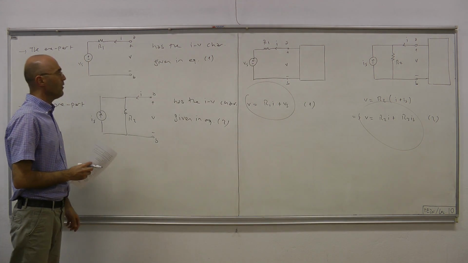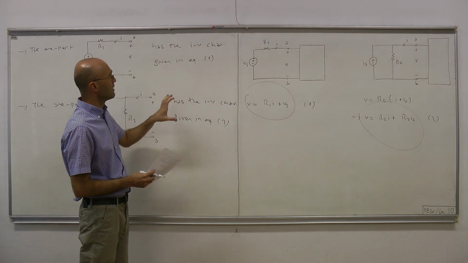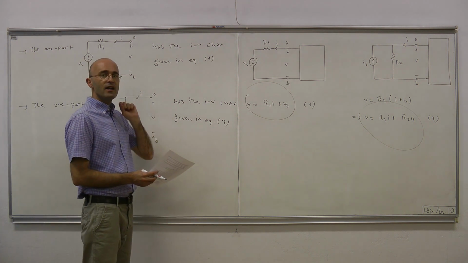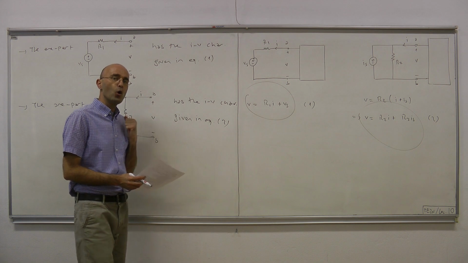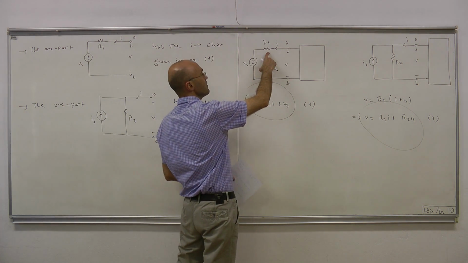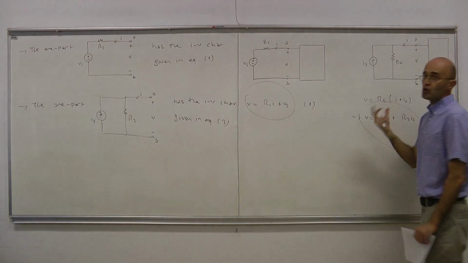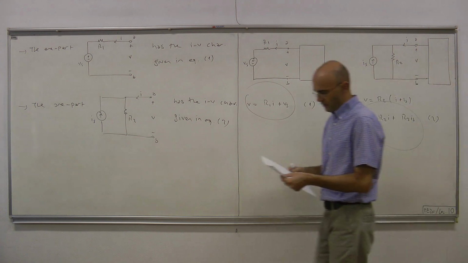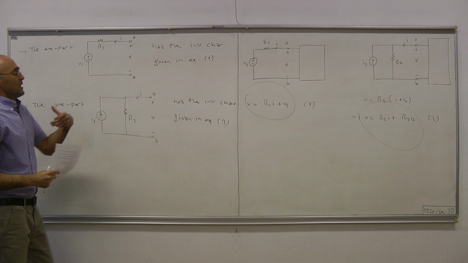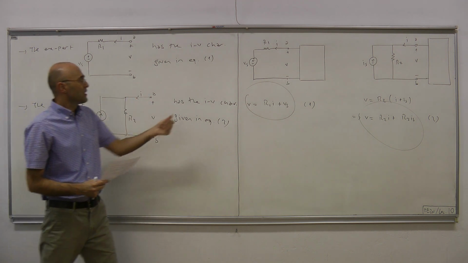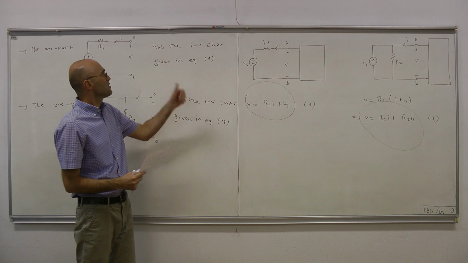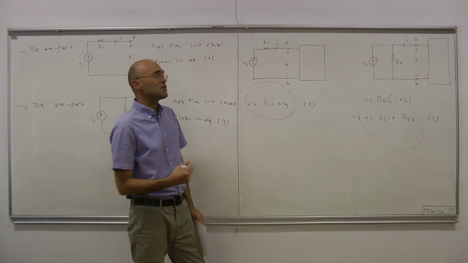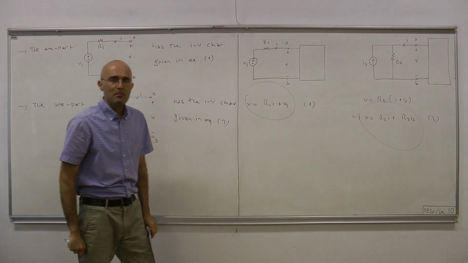Now, since everything is clearly figured out in terms of the relation between voltages and currents, we can apply the definition of equivalence and find conditions on the parameters of this one port and the parameters of this one port, so that under those conditions, those two one ports become equivalent. Equivalence means same IV characteristics, and when we look at equation 1 and equation 2, it's easy to see under what conditions on the parameters those two equations become identical.